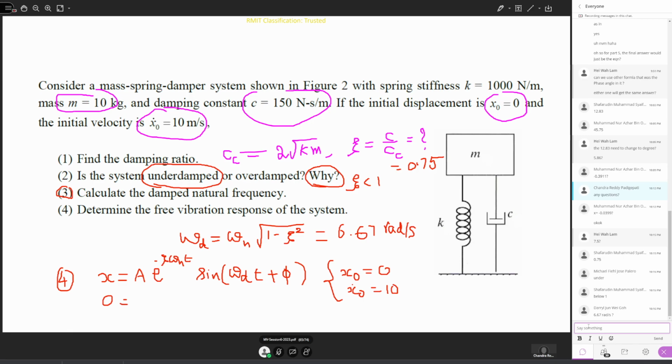So 0 will be A into exponential power 0, and sine 0 is 0, so you will have A sine phi.